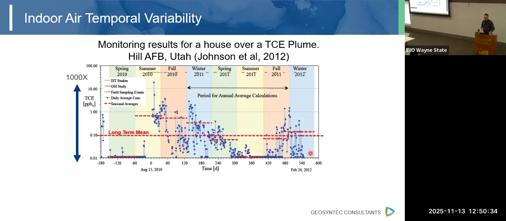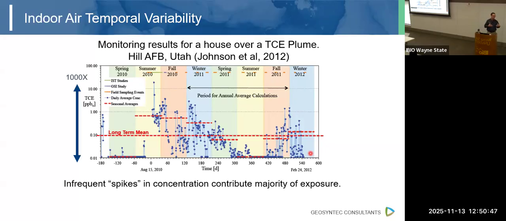So you can see that there's over a 1,000 times factor of difference between our lowest indoor air concentration and our highest indoor air concentration. And when you're thinking about long-term chronic exposure, those infrequent spikes are what's contributing to most of the exposure, most of the contaminant mass that an inhabitant would be inhaling.